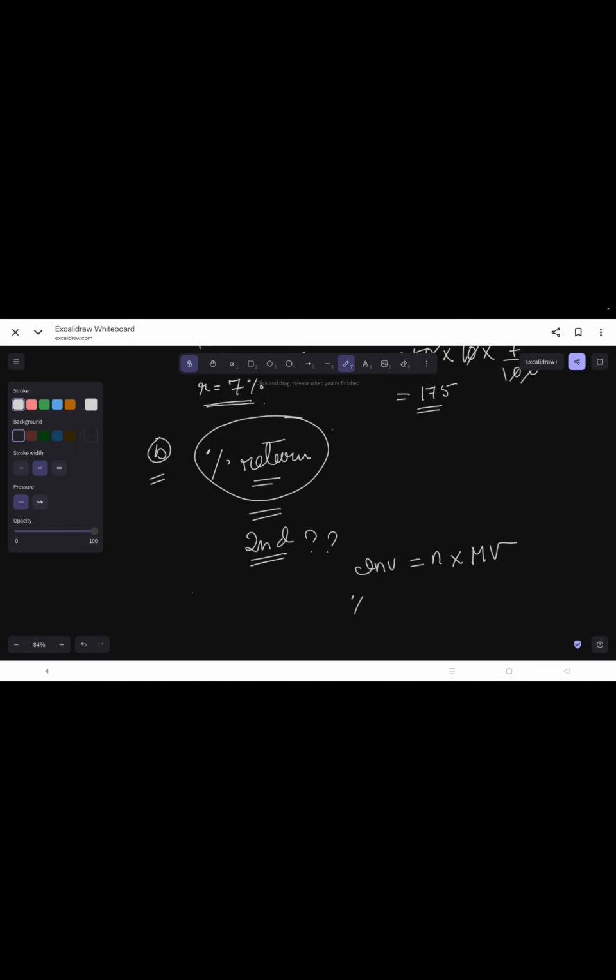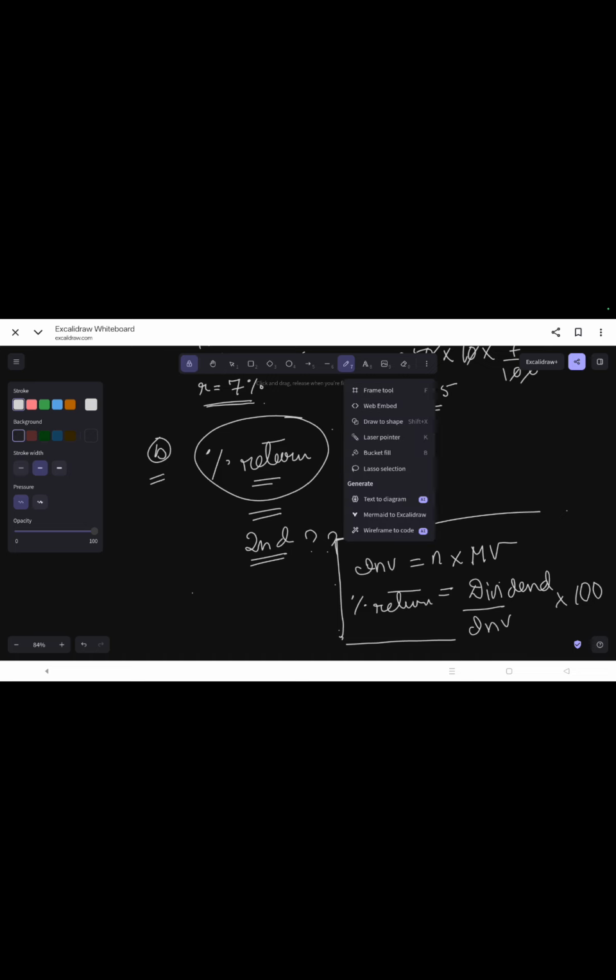And percentage return equals dividend divided by investment into 100. So these are the formulas. No formula will be used apart from these. Not a single formula will be used apart from these.